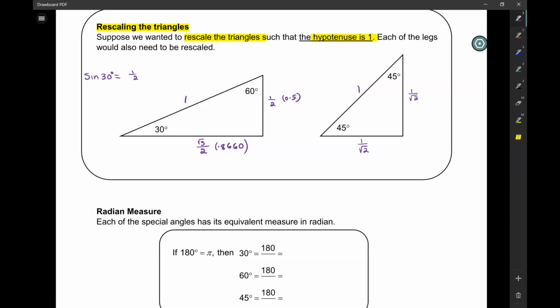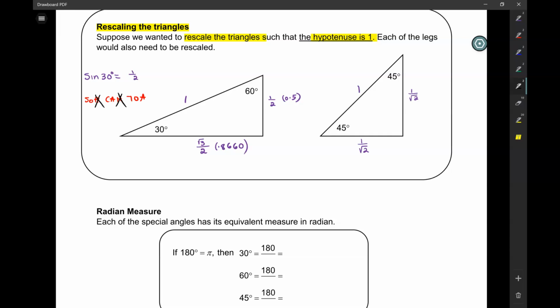Cosine, it would be adjacent divided by hypotenuse, but it's divided by 1. Do I need to divide by 1? That's silly. Why would I divide by 1? So, you know how it used to be SOHCAHTOA, where it was opposite over hypotenuse, adjacent over hypotenuse? Now that the hypotenuse is 1, and I'm only dividing by 1, I could just get rid of those H's.